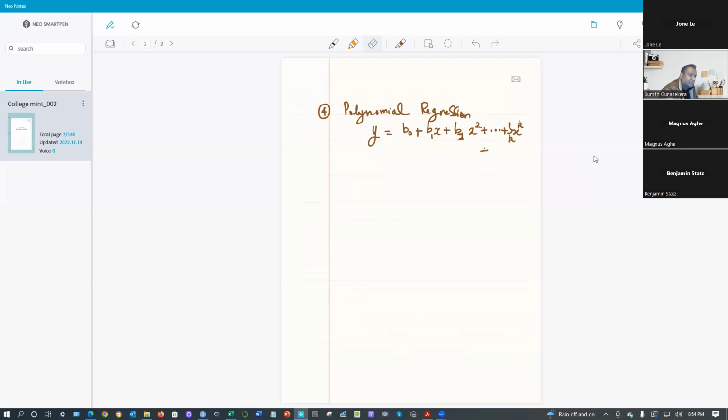It's the same x variable, and you add its powers to see which one is the best one.